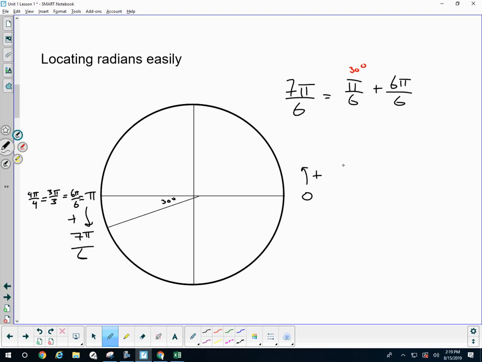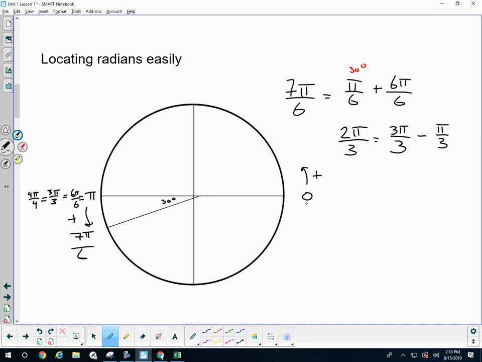If I ask you to locate 2 pi over 3, this is what I would do. I would start by saying, hey, I know where 3 pi over 3 is. Probably should have done this in an opposite order, but whatever. If I subtract a pi over 3 from 3 pi over 3, I get to 2 pi over 3.